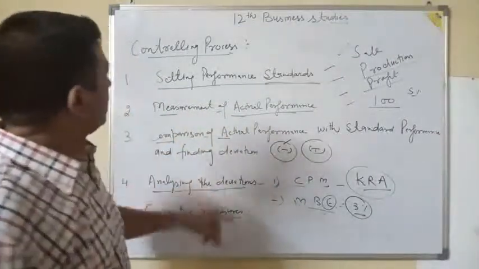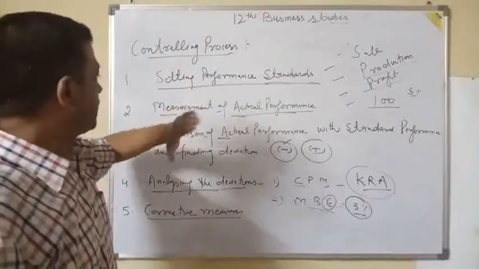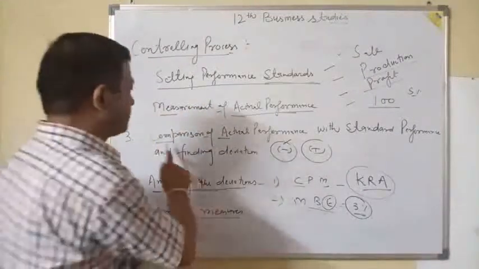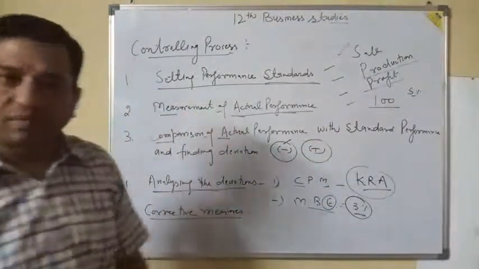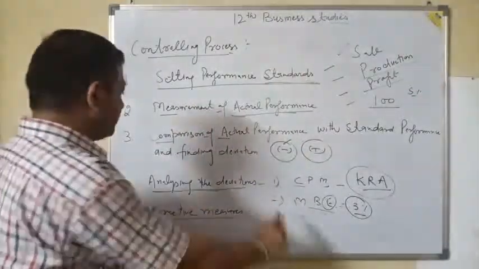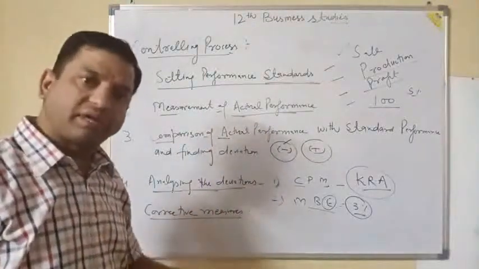So this is all about the controlling process, in which we have discussed setting up the standards, then we measured the actual performance, then we compared actual performance with the standard performance, and we found the deviations, positive and negative. Then we analyze the deviations, whether they are acceptable or not acceptable.